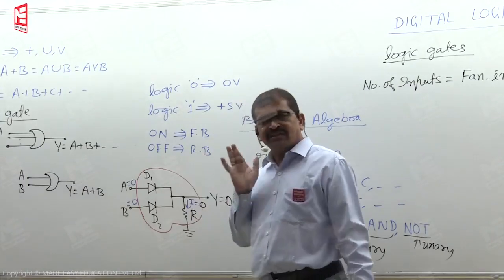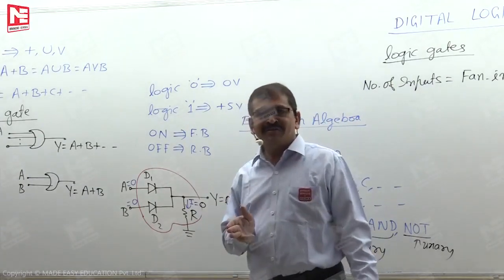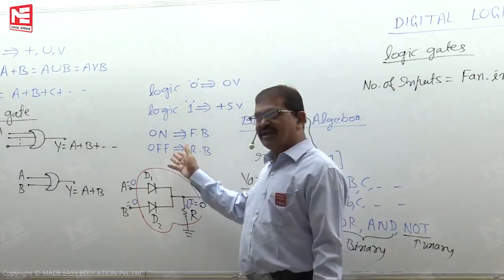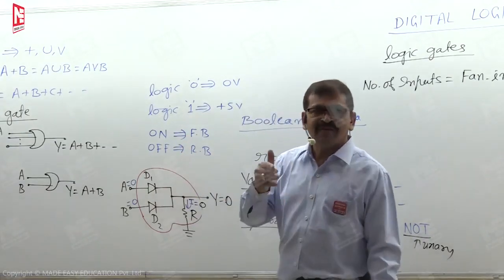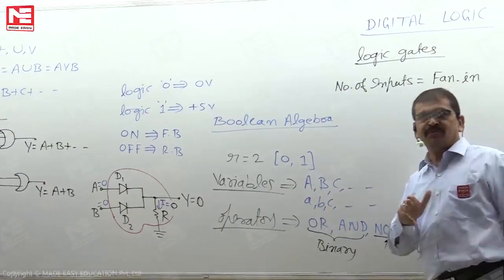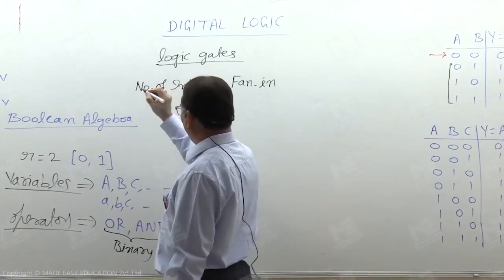So our understanding is that as the number of inputs increases, the cost of the logic gate increases, because we are adding additional PN junction diodes. Whenever we add a PN junction diode, from a cost point of view, the cost is increasing.